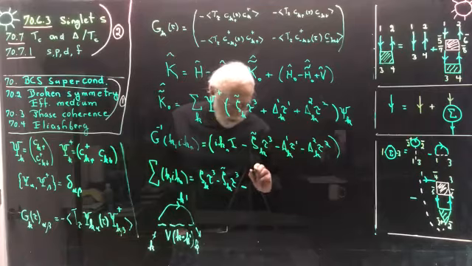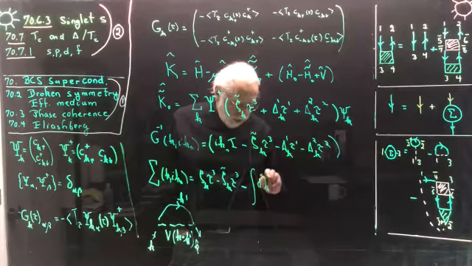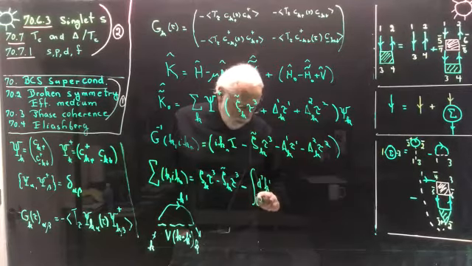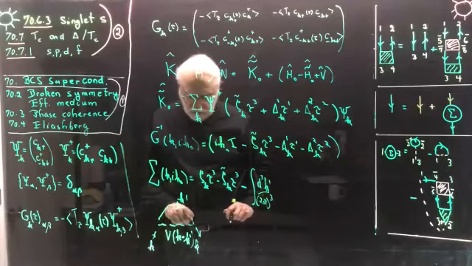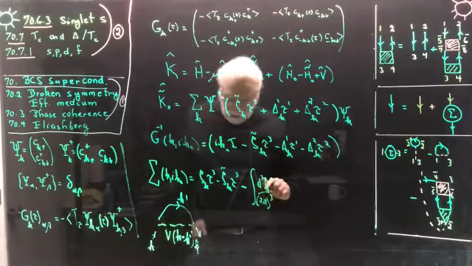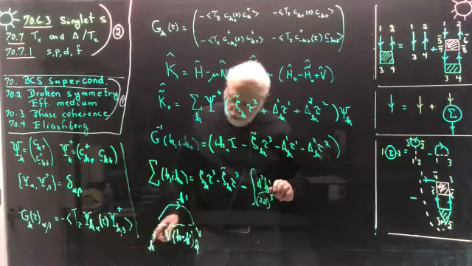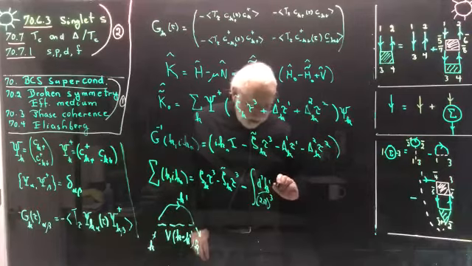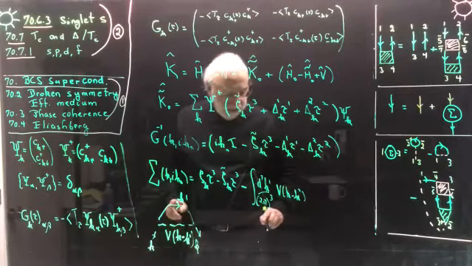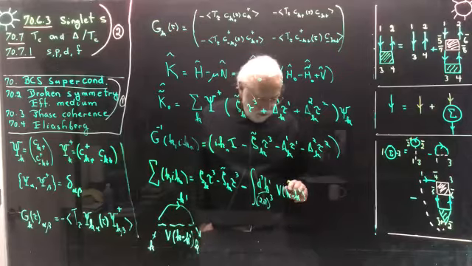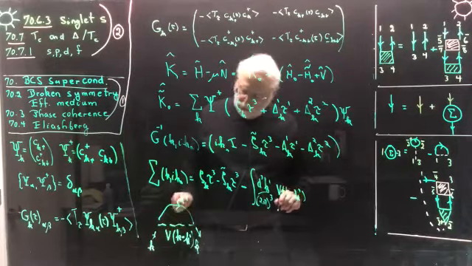So let me write this. I have the integral d cubed k prime over 2 pi cubed. And then I have the tau 3, because I must not forget that there's tau 3 at the vertices. So I have V of k minus k prime, and then this Green's function is sandwiched between two tau 3.